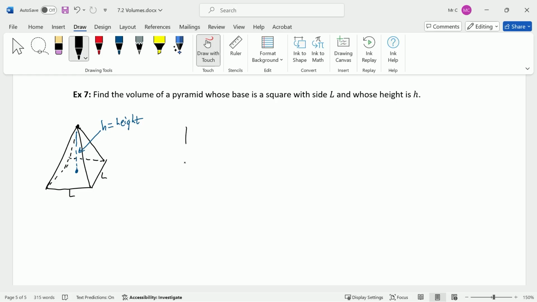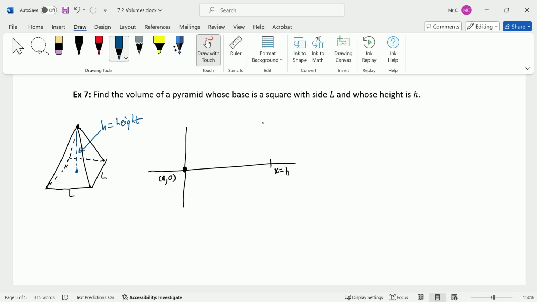So what I'm going to do is plot my pyramid sideways. I'll put the point of the pyramid here at 0, 0, and I'll put the base of the pyramid here. Since the height of the pyramid is h, that puts us at x equals h here.